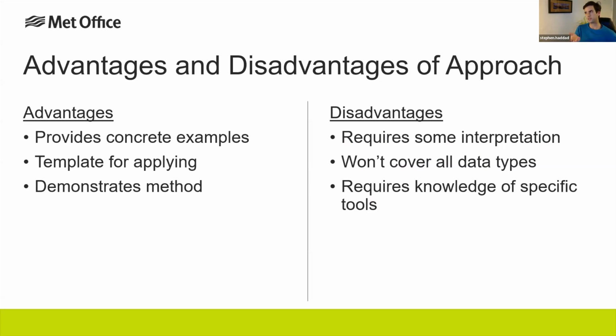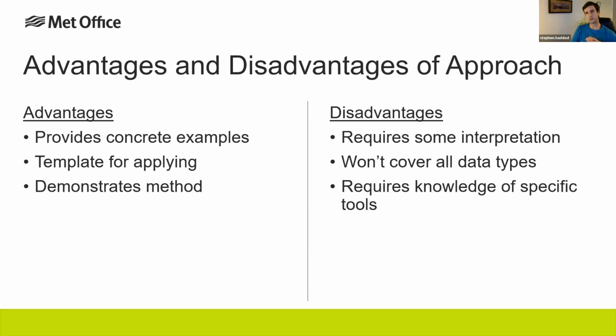And of course, there are always going to be different sorts of data types because there's a great diversity of data for different applications. As someone said in the previous talk, there's always an "it depends" element to guiding you through this. You're not going to be able to cover all data types, but I think that shouldn't get in the way. We try to have some examples of common data types and people can build from there.